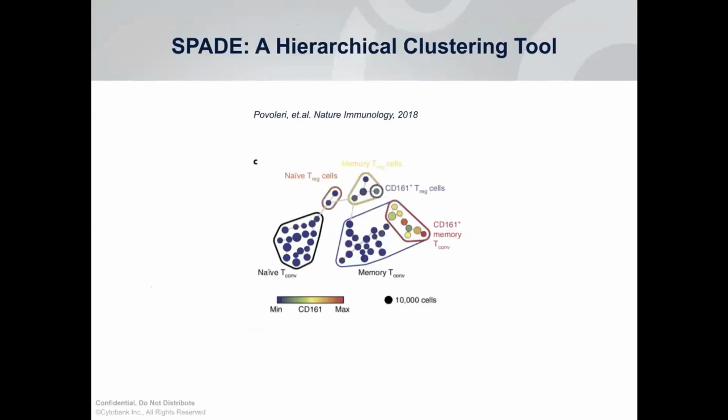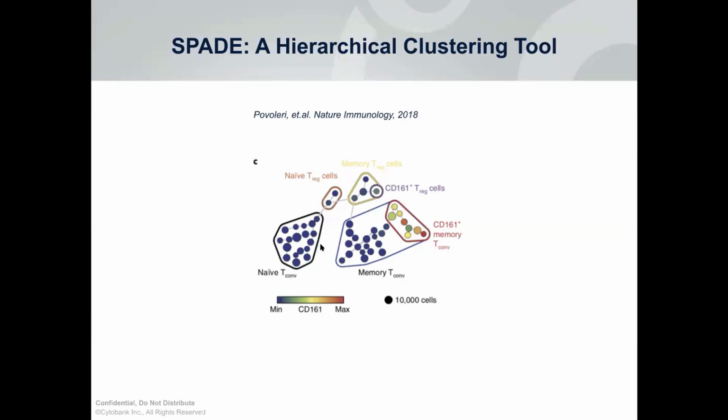So here is another tool they use in the paper, SPADE. It's a hierarchical clustering tool that was first developed for mass cytometry data and adopted for flow cytometry as well. What is shown here is a minimum spanning tree from the figure in the Nature Immunology paper, where they ran SPADE on viSNE to identify distinct T-cell clusters.